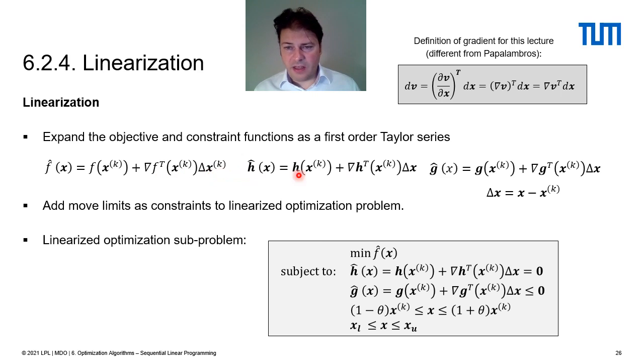And delta xk is defined as the x vector minus the reference point. Okay. Similarly, we do this with the equality constraint function and inequality constraint function.